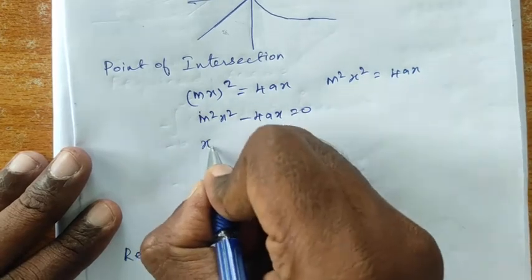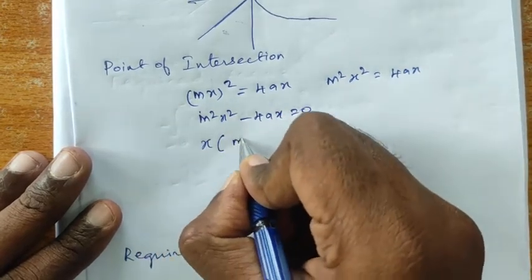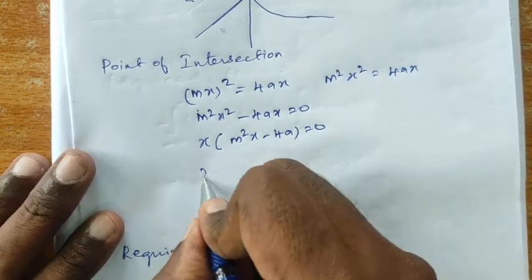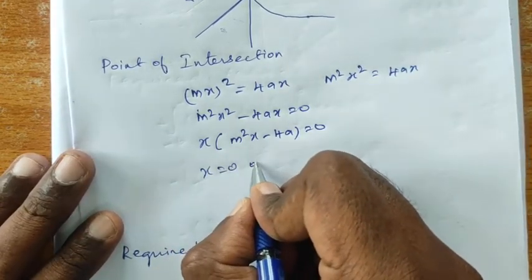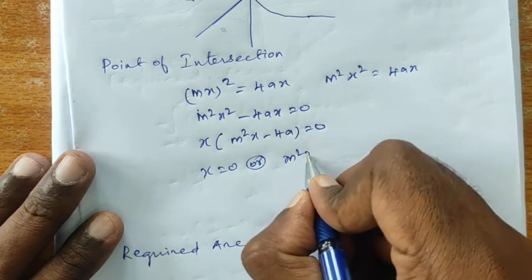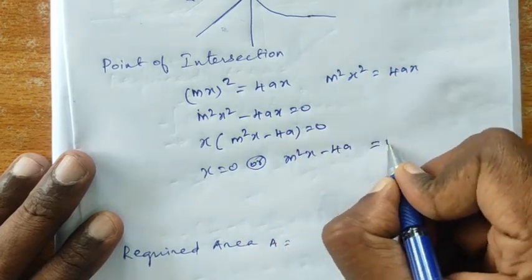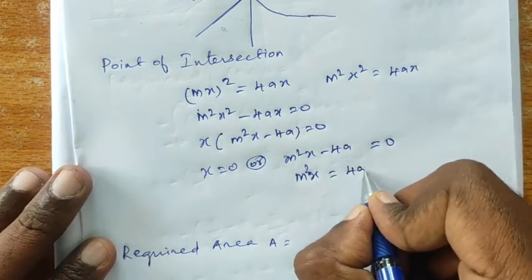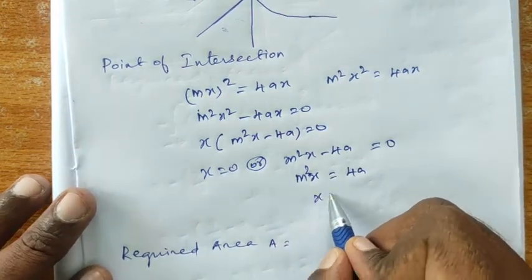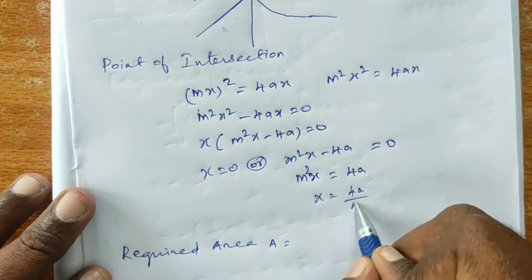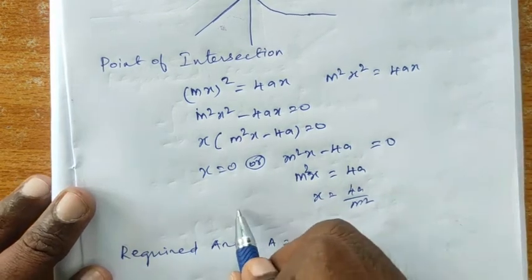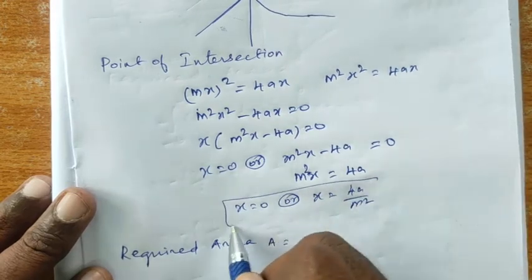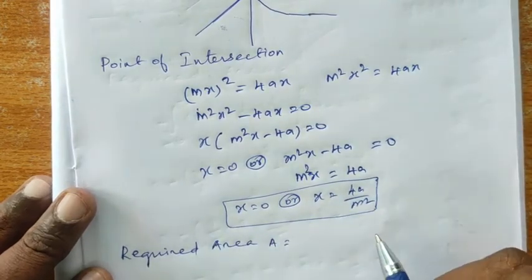So x into (m square x minus 4a) equal to 0. So x equal to 0 or m square x minus 4a equal to 0. So m square x equal to 4a, so x equal to 4a by m square. So x equal to 0 or x equal to 4a by m square.